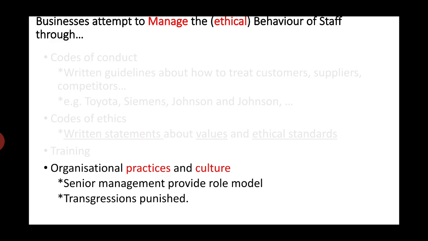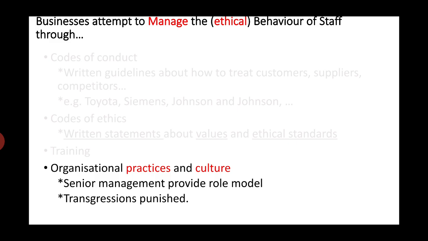Transgressions or offenses, we can say misbehavior, punished. Whenever there is misbehavior or something done wrong, for example if an employee was asked to come at this time and leave at that time and they leave earlier, punish. This is an idea of that.